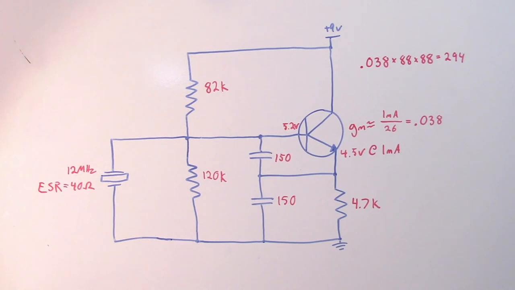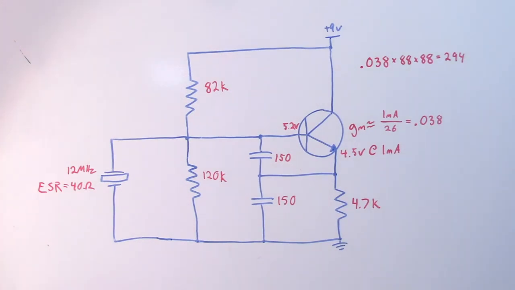So that's a pretty good gain margin. And also when you consider that this is really a very pessimistic view of the internal resistance of the crystal, because it's actually going to be much lower than that, this is going to be more than enough to ensure that we have enough loop gain for this oscillator to oscillate.